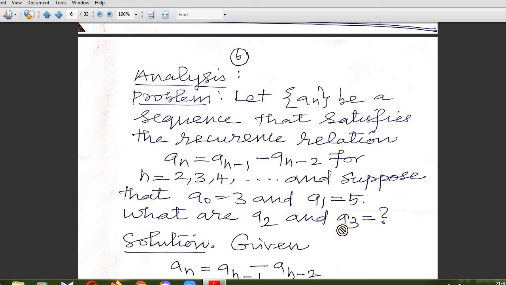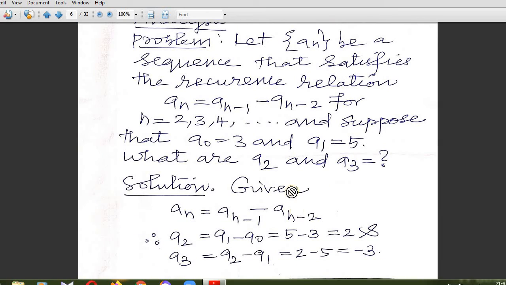For example, to get a2 you should have a1 minus a0, and a3 is a2 minus a1, otherwise we cannot get the answer. So the initial values are given to us.